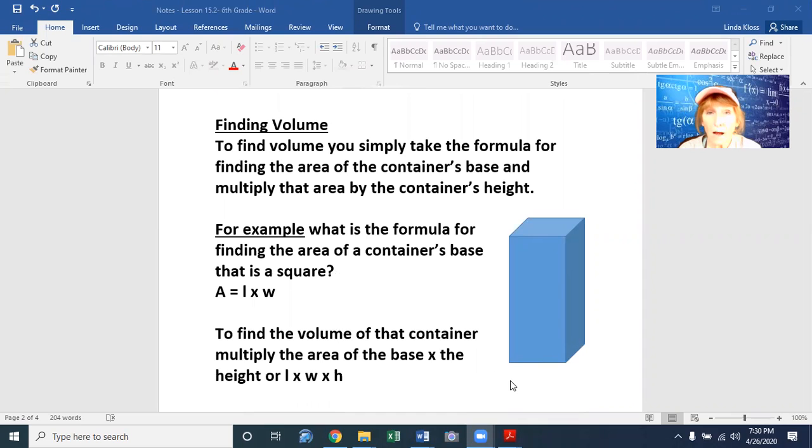So to find the volume, how much stuff fits inside of that container that has a square base, you would say length times width times height. So you're just adding a new dimension, this height. So far you've done length and you've done width, and now you also have height. So that's one way.